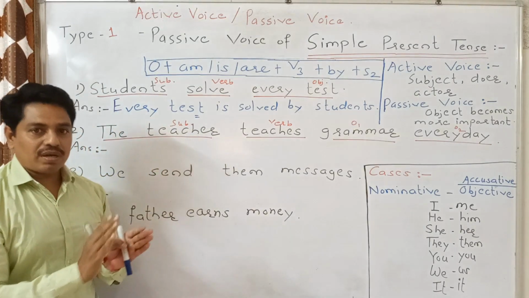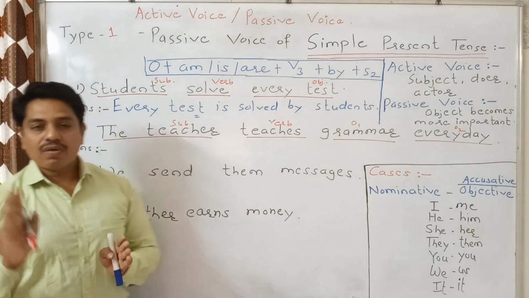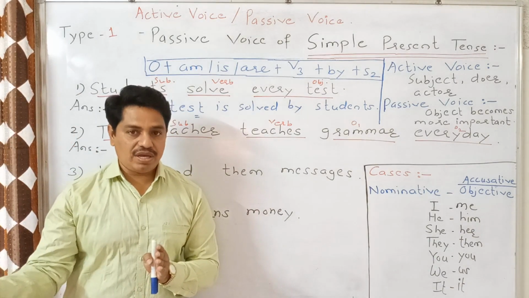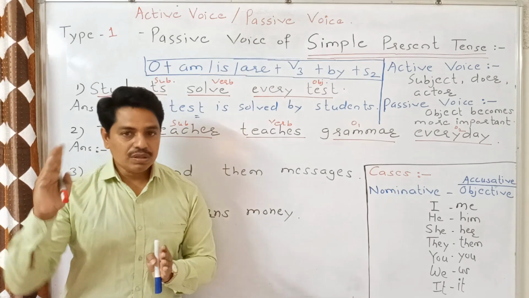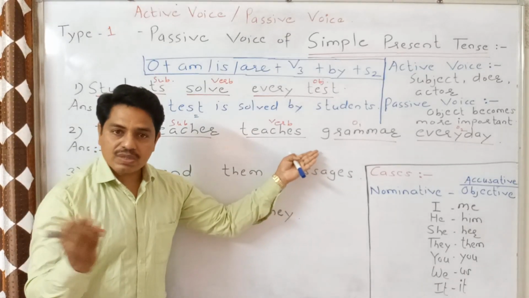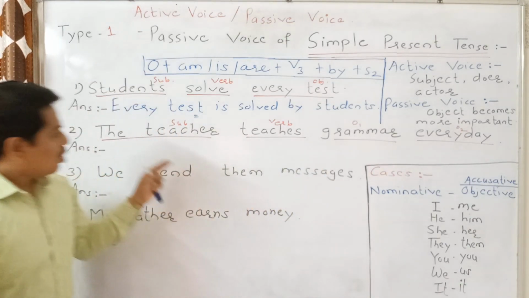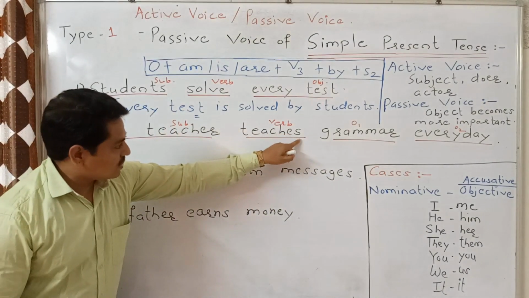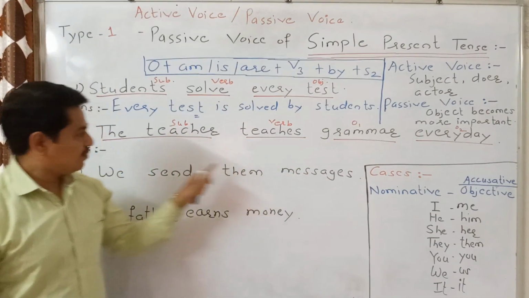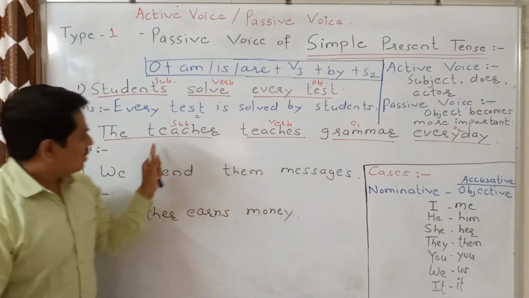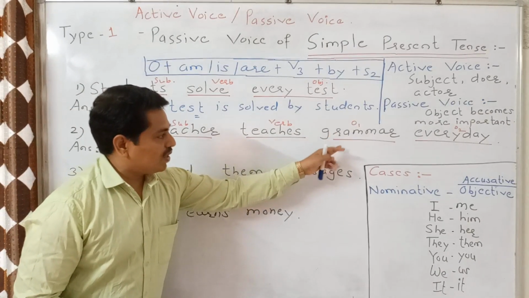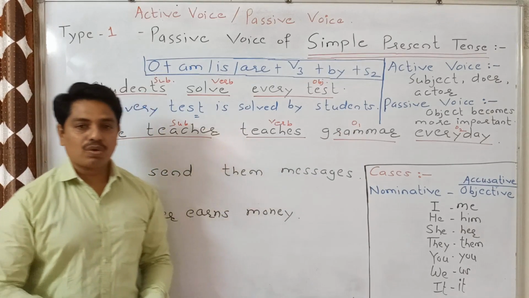When there are things, we ask with what, and when there are persons, we ask with whom. So here obviously we will ask with what. What does the teacher teach? Grammar. So grammar is object number 1 and every day is object number 2.